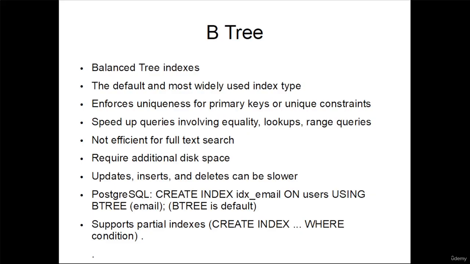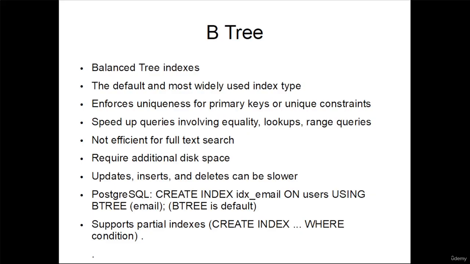It speeds up queries involving equality lookups, range queries such as greater than, less than, between, sorting with order by, and joins. Index columns frequently used in where, join, group by, or order by clauses. It is general purpose indexing for structured data, like integers, strings, dates.